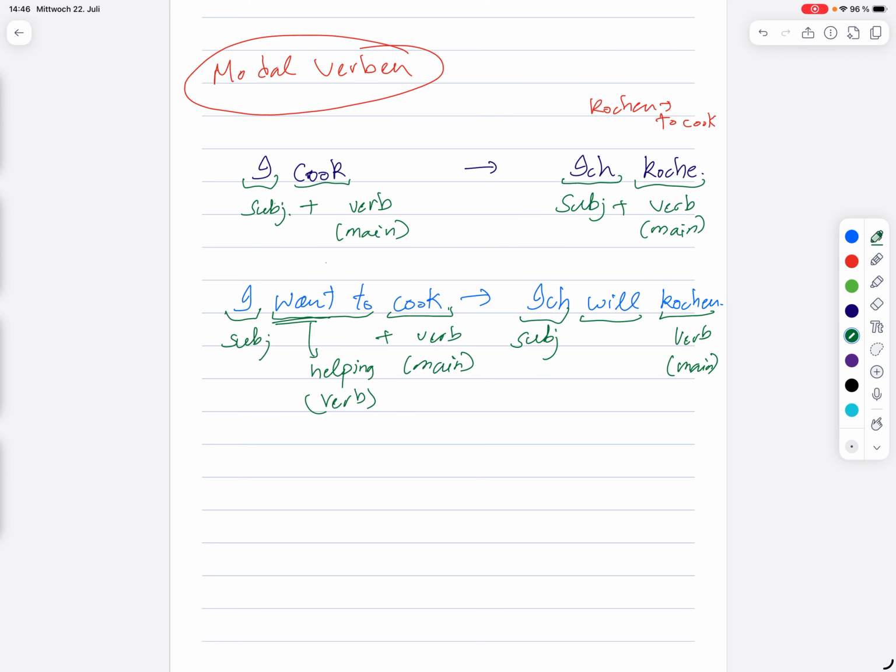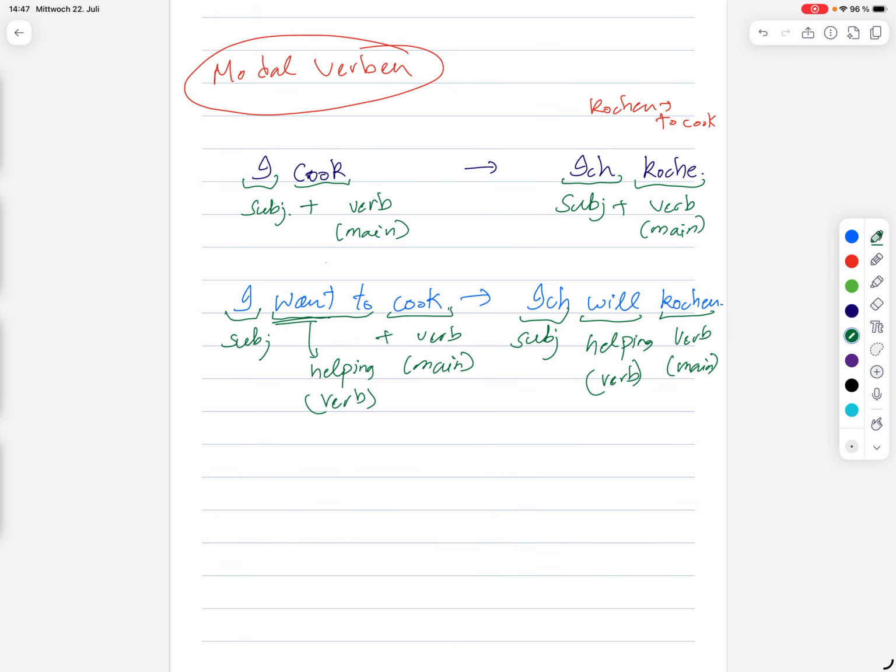This is the German will, not the English will. It's a German modal verb, and we will come to which one it is later. But this is also acting as a helping verb. So we have ich will kochen, I want to cook.